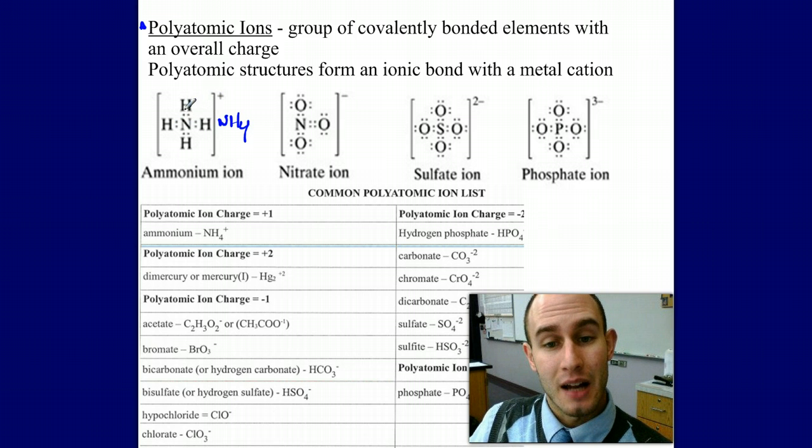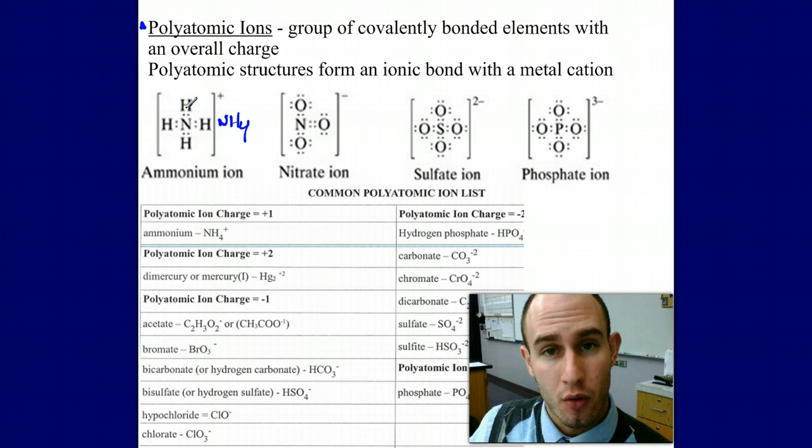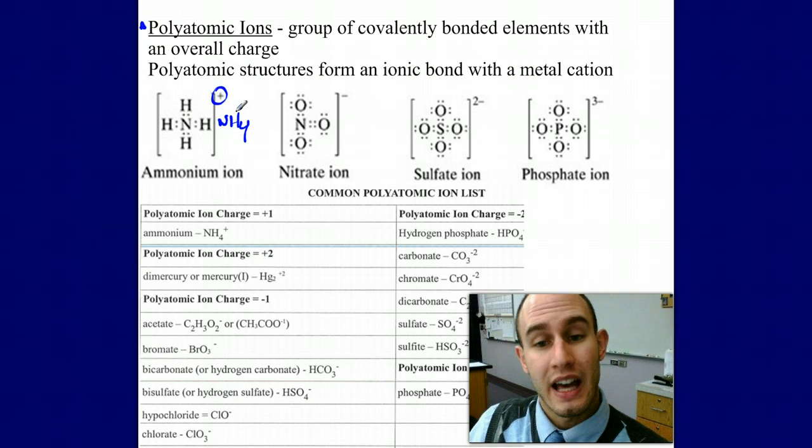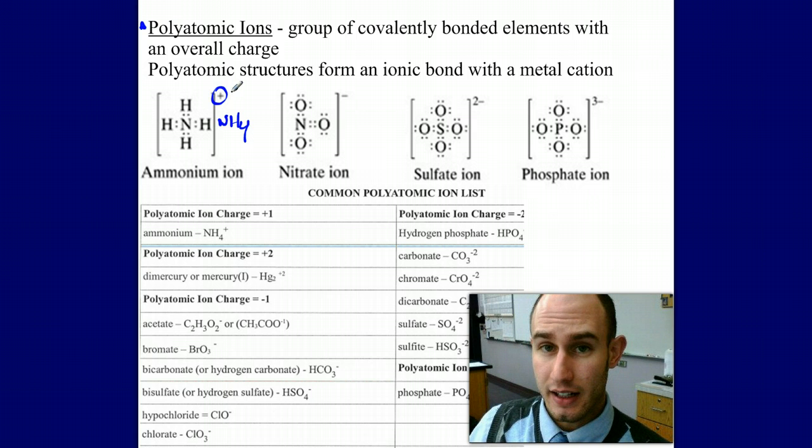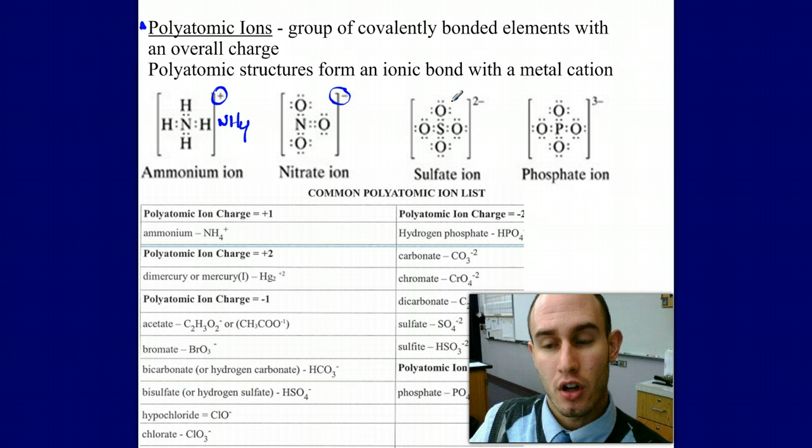Nitrogen, non-metal. Hydrogens, non-metals. Non-metals bonded together typically form covalent compounds. It is a covalently bonded group. However, it has an overall charge, which tends to lead to more ionic compounds, which deal with charges. So you need to know what a polyatomic is. It's a covalent with charge.